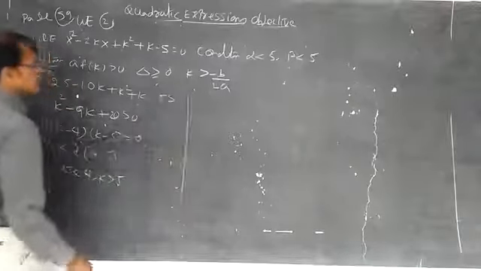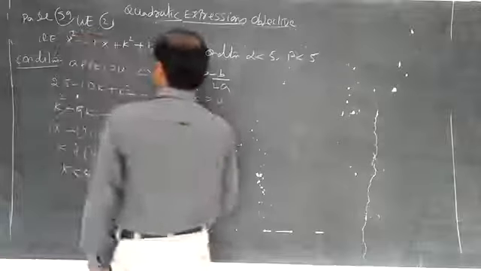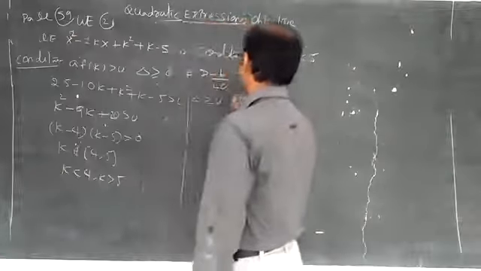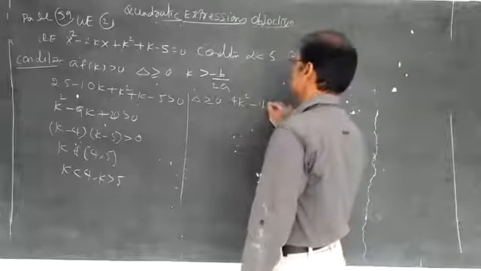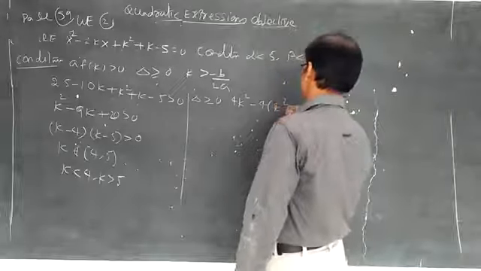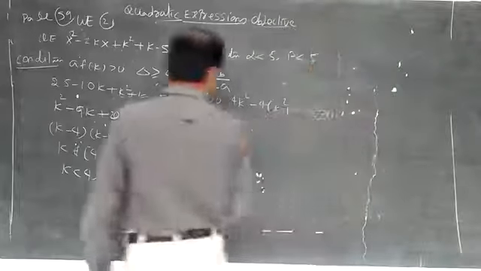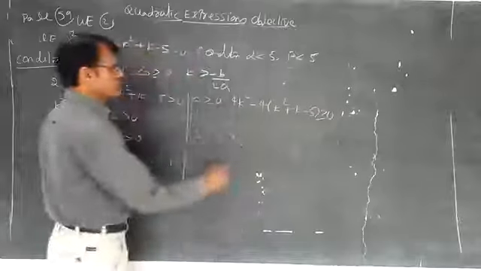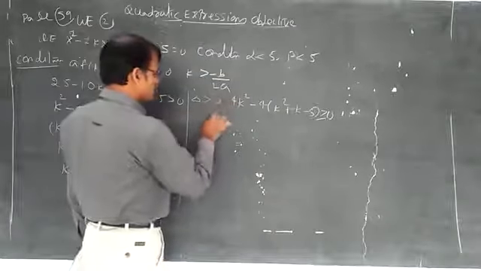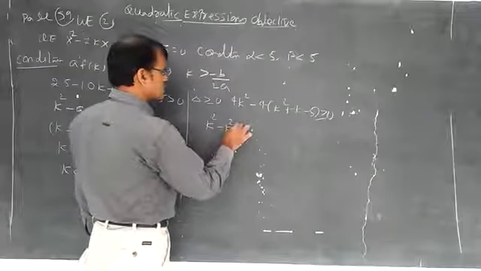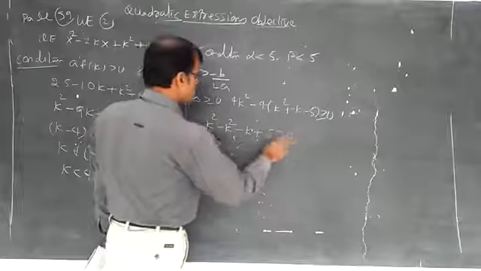It's okay. Now use the delta greater than or equal to 0 concept. Delta means we know that b square minus 4ac: 4k square minus 4 into k square plus k minus 5 greater than or equal to 0. 4k square and 4k square get cancelled, and dividing by 4, we get k square minus k square minus k plus 5 greater than or equal to 0.